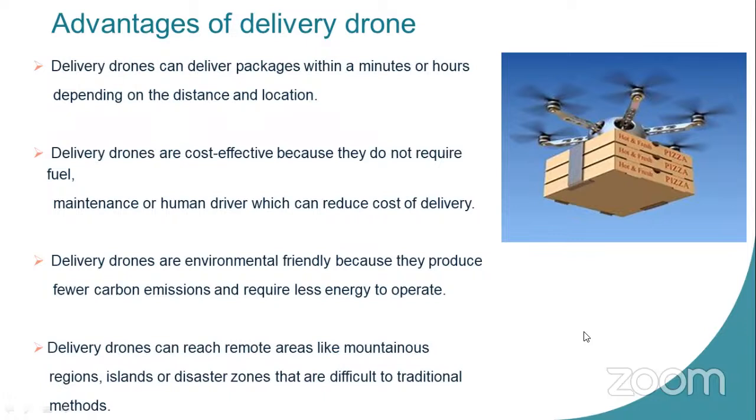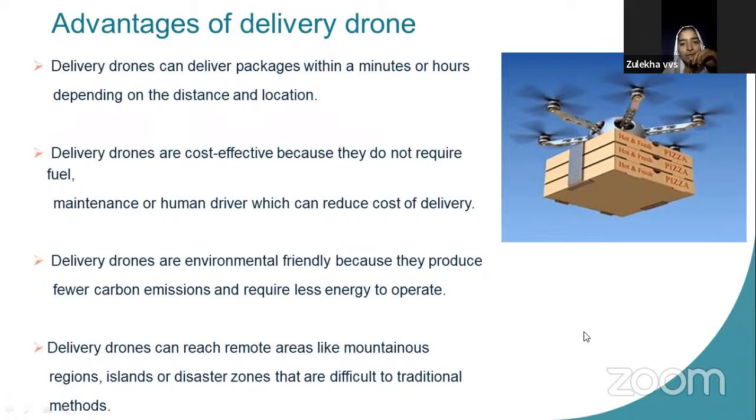Yeah, please continue. Delivery drones are environmentally friendly because they produce fewer carbon emissions and require less energy to produce. As we know, delivering through bikes or motors needs petrol or diesel, which releases gases like carbon dioxide, which is harmful to the environment. But drones do not require any fuel, meaning they release less carbon, which is not harmful to the environment.